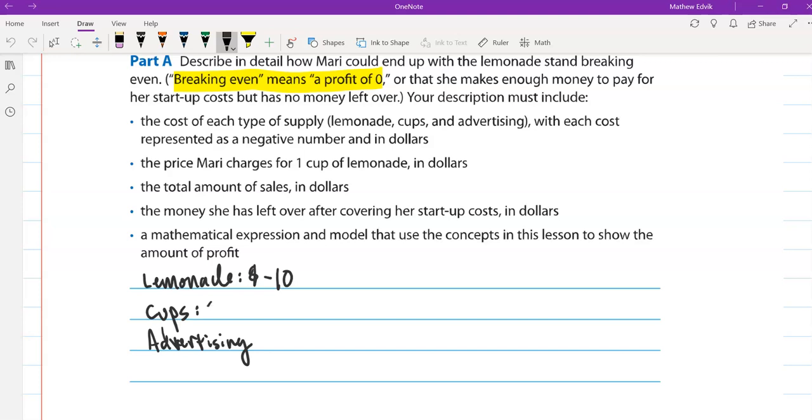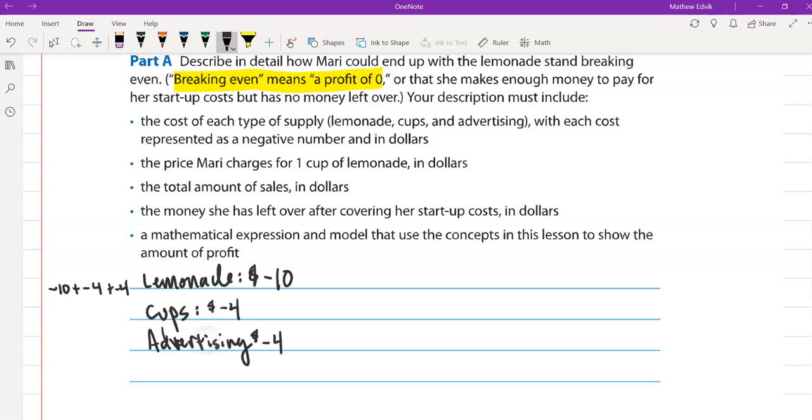And she spends minus $4 in cups, and then another minus $4 in advertising. And over here, I'm going to make sure that negative 10 plus negative 4 plus another negative 4.